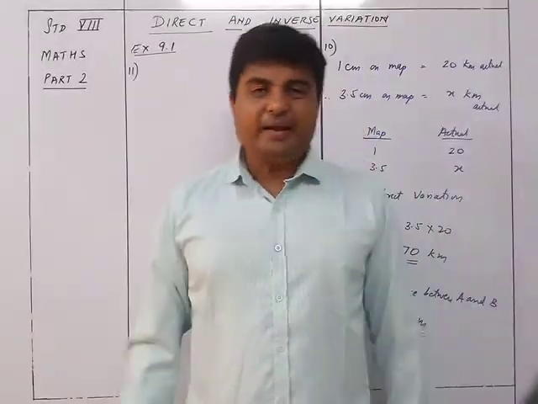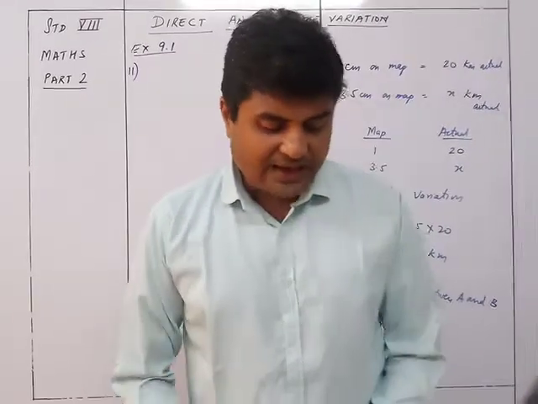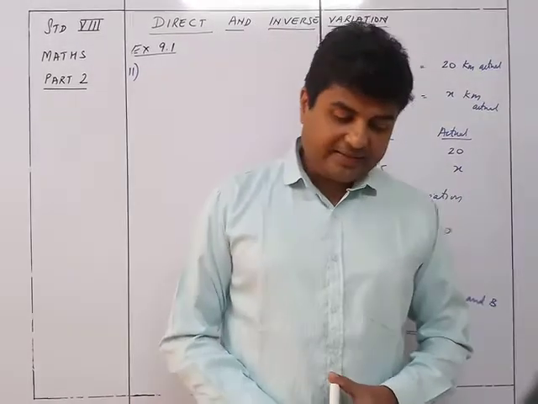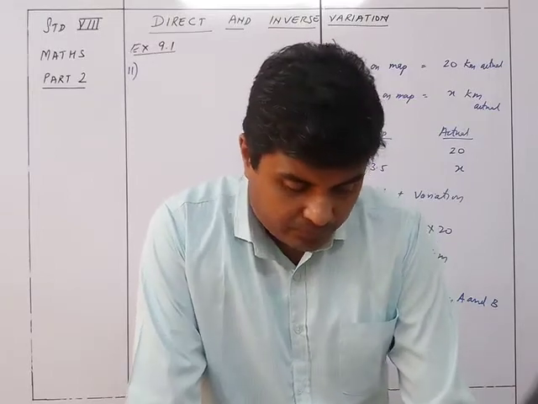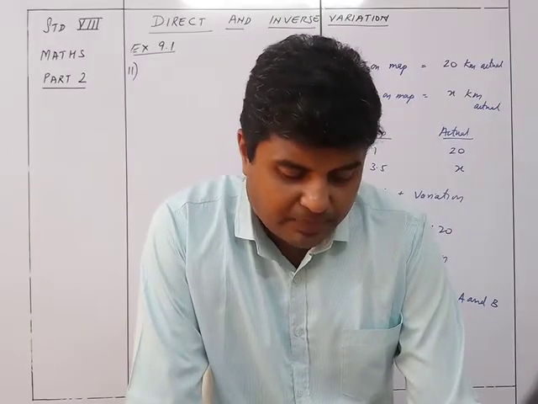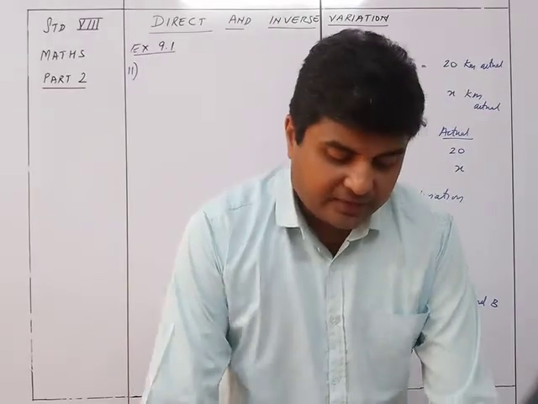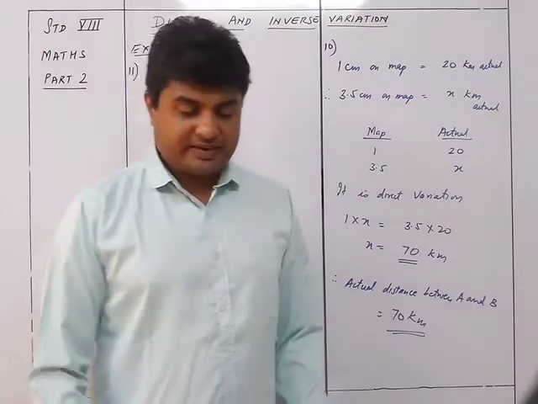A 23 meter 75 centimeter high water tank casts a shadow 20 meters long. At the same time, find the length of the shadow cast by a tree 9 meter 50 centimeter high, and the height of the tree if the length of the shadow is 12 meters. So there are two sums in the same one.